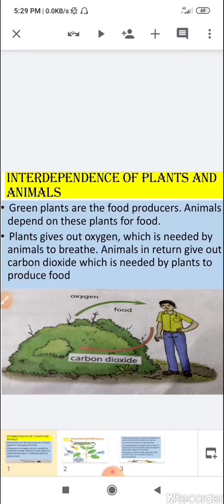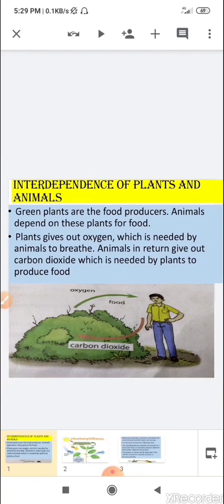So the food which is made by the plant is used by the plant for its different activities, like growth, making flowers, fruits and seeds, and repairing damage. The food which remains is stored in the form of starch in different parts, and this food is used by animals.